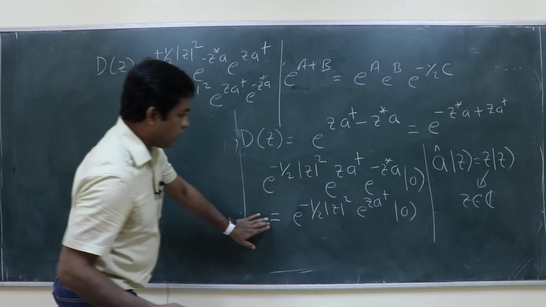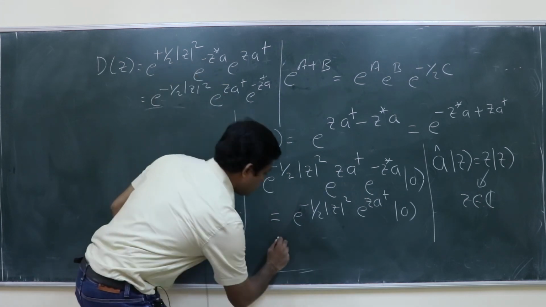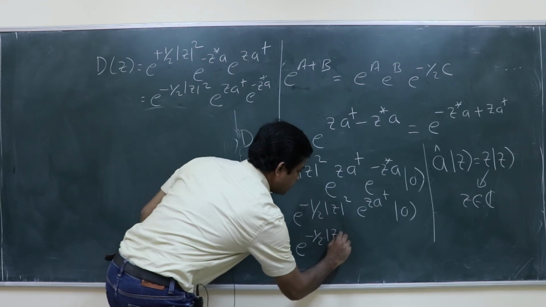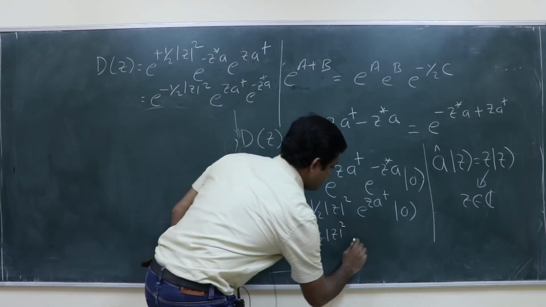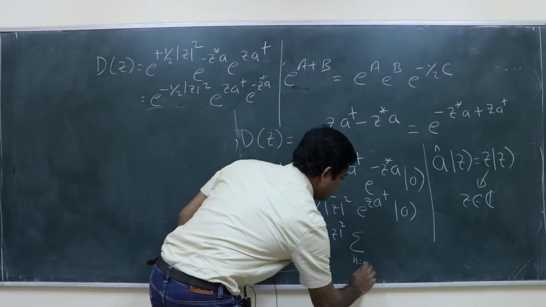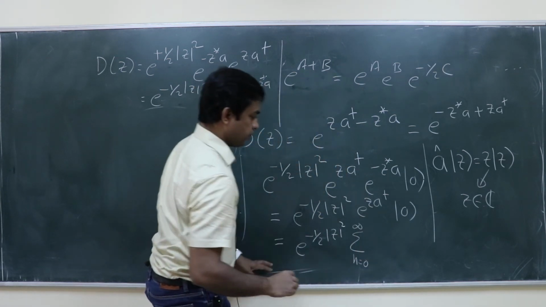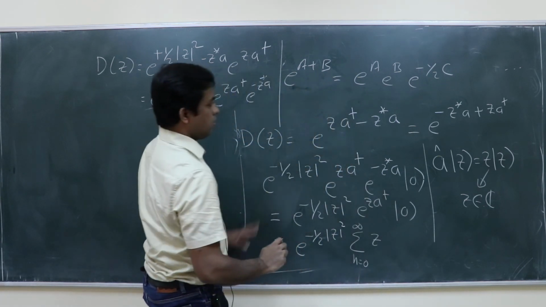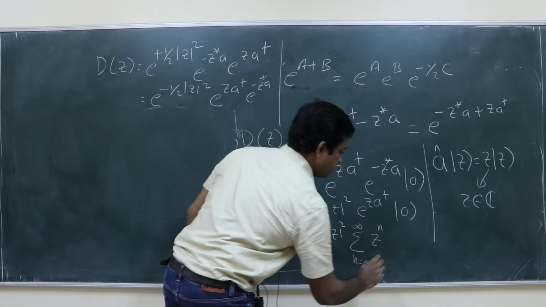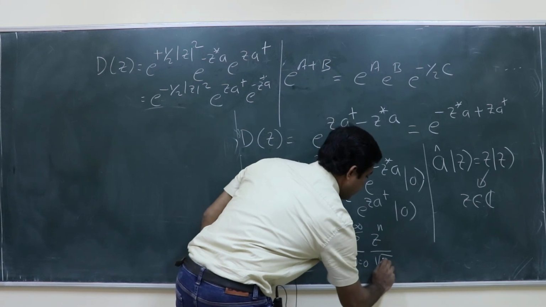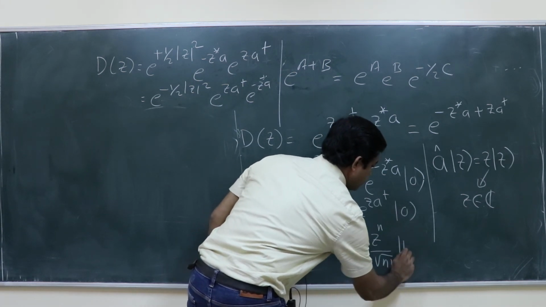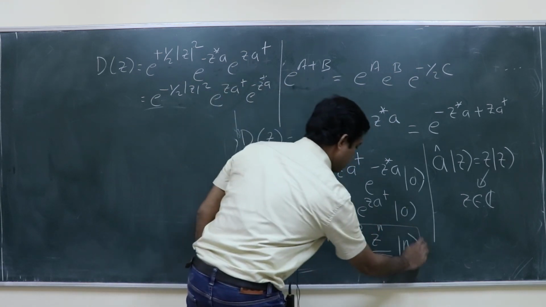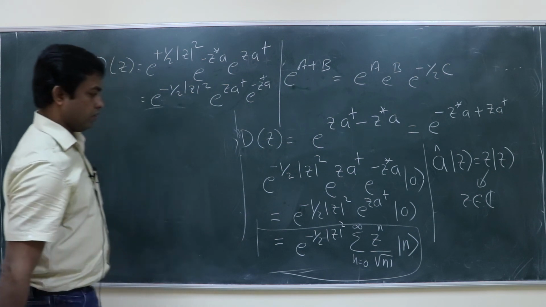Okay, so what did you get here? This is basically equal to e power minus 1 by 2 mod z square, summation n is equal to 0 to infinity, z power n divided by root n factorial, ket n. So this is what you got after the calculation.